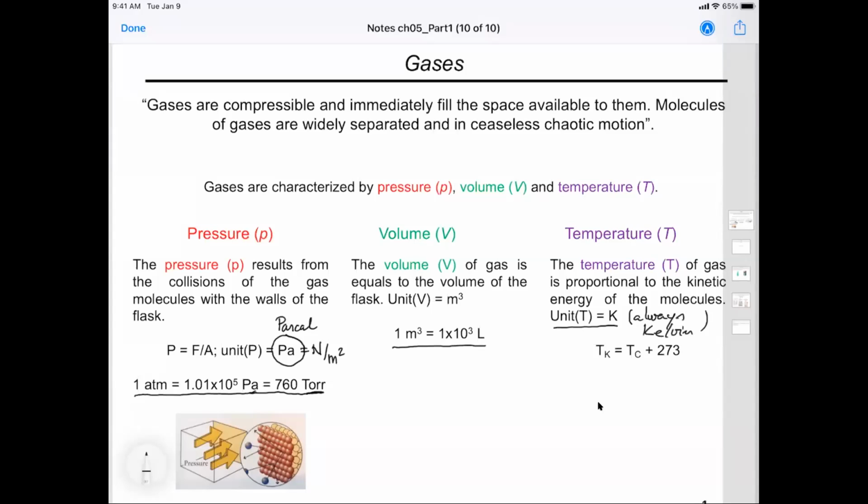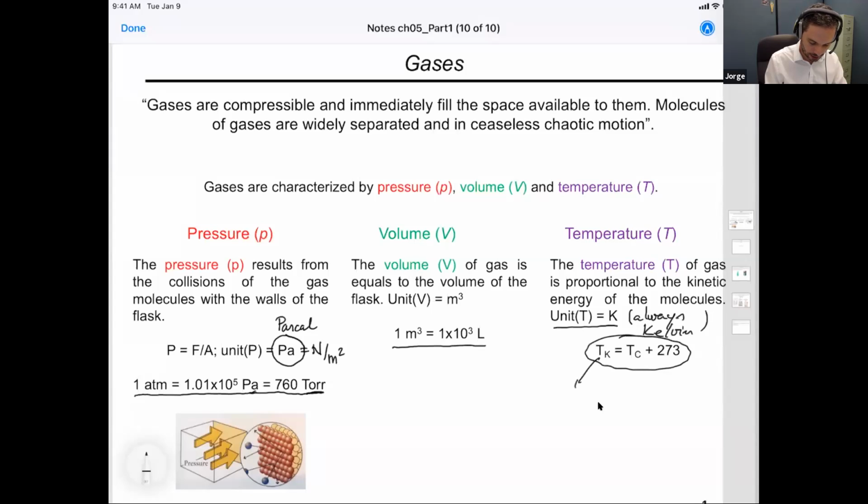And here is how you transform from Celsius to Kelvin, okay? Temperature in Kelvin equals temperature in Celsius plus 273. And that's the conversion between the two units.